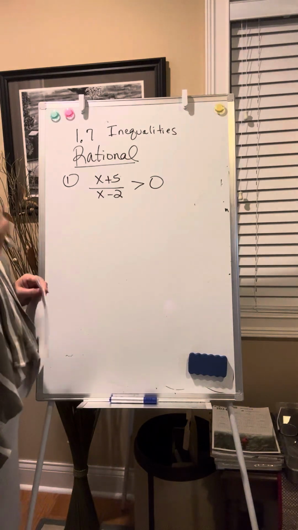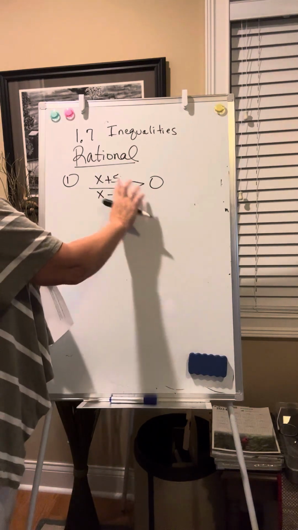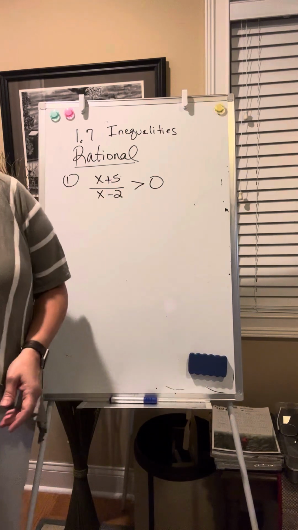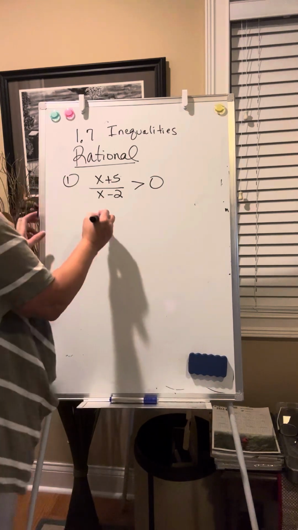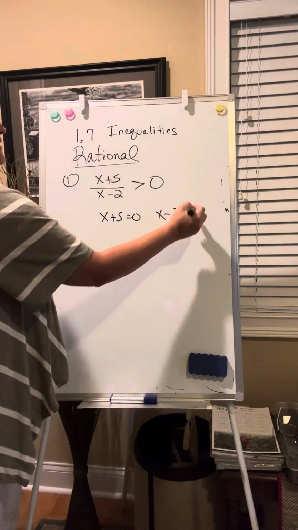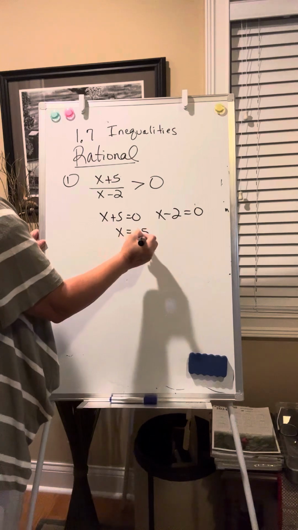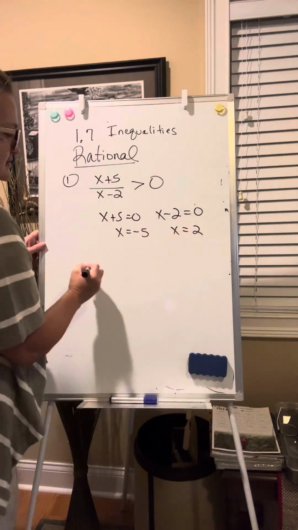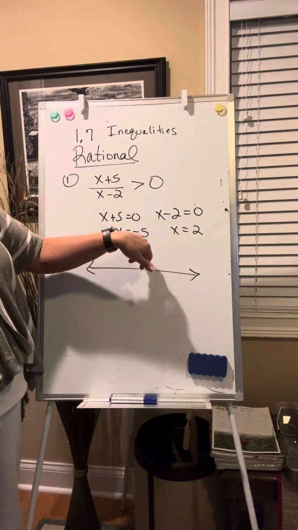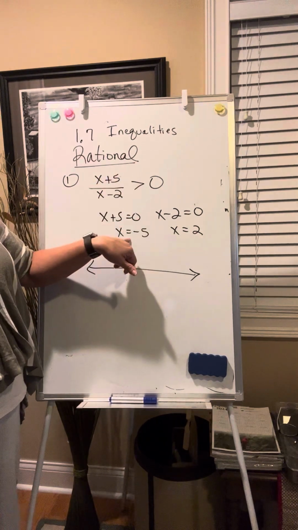So this one is very similar. It's already got one fraction consolidated and 0. So you're ready to set the numerator equal to 0 and the denominator equal to 0. Solving each part gives us our 2 boundaries for different reasons. This one's the boundary, let's see, -5 is what would solve it, make it equal 0.